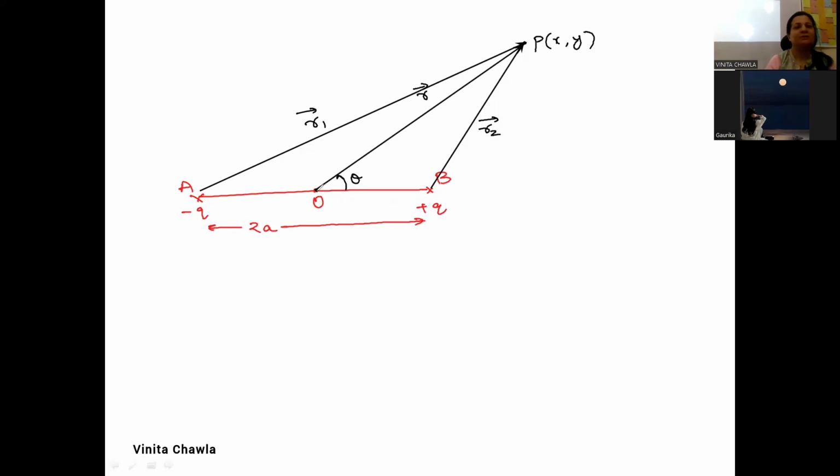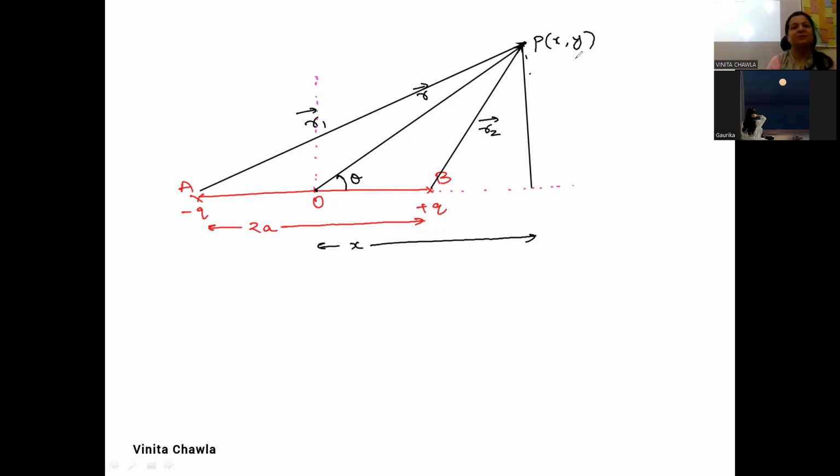Okay. So if this point is the origin, and if we draw a reference frame like this, then we can easily see, because this point is x, y. From the origin to this point P, if we join this line, you can see that this distance is x, right?